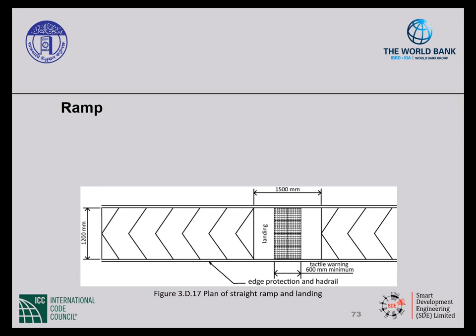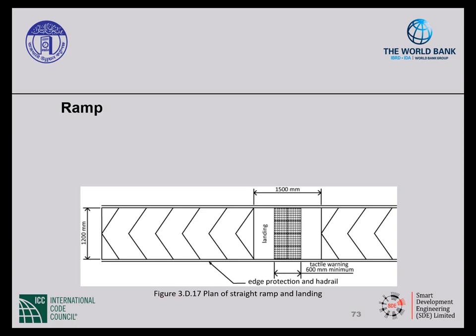Ramps should have a minimum width of 1,200 millimeters. They should have a slip-resistant surface, and where the horizontal run exceeds 9 meters in length, should provide intermediate landings a minimum of 1,500 millimeters long.